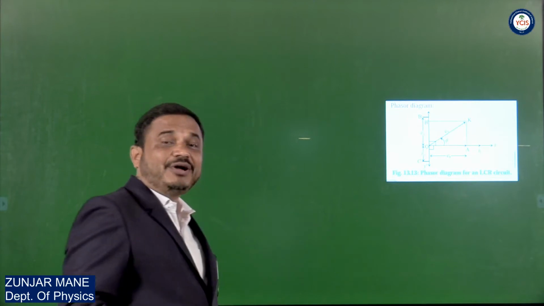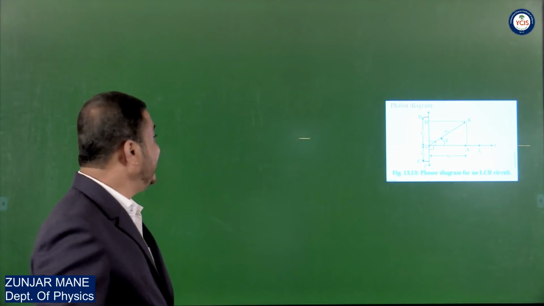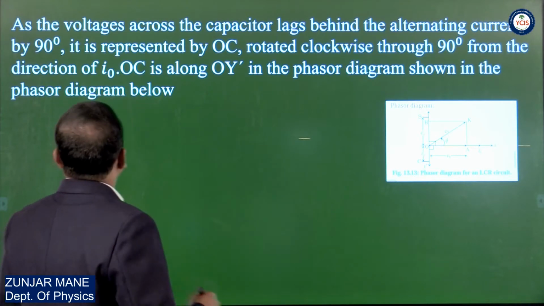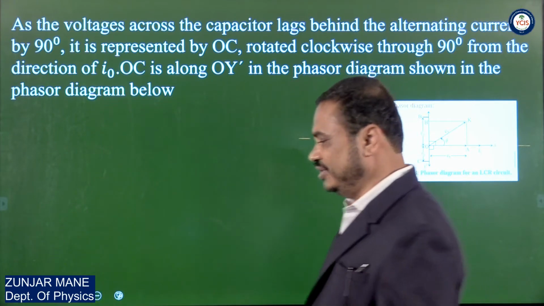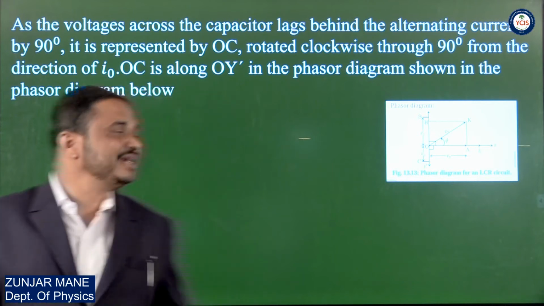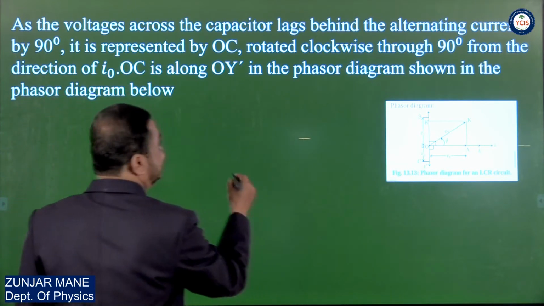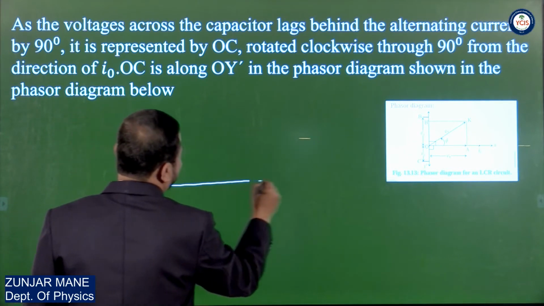Now if we plot a phase diagram of EL, EC and ER with respect to I0, the voltage across the capacitor lags behind the current by phase angle pi by 2. If we draw a phase diagram, this is from your textbook, we take the same labels.